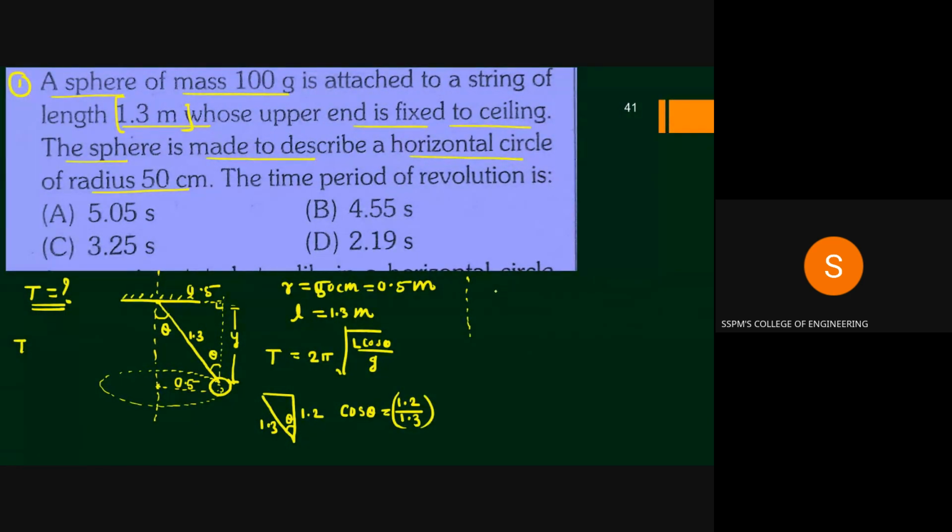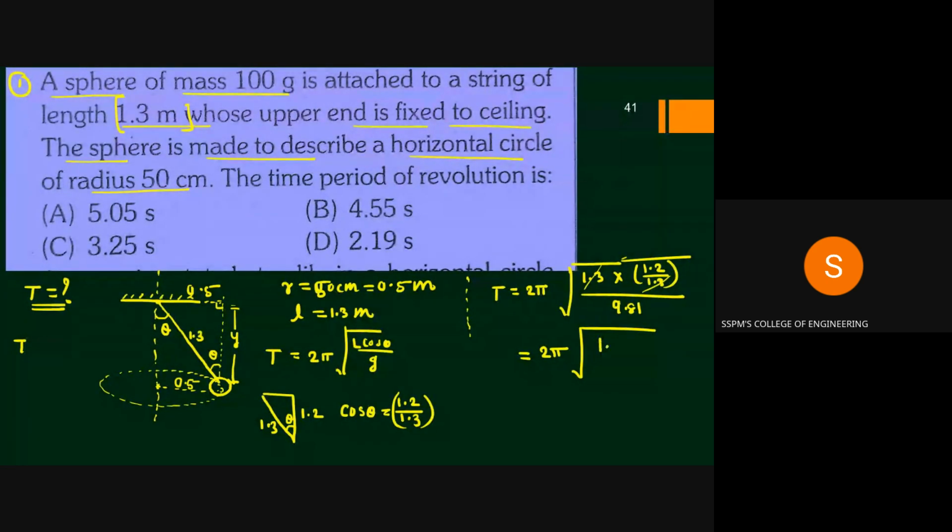So T is equal to 2 pi under root, L value is 1.3 into cos theta is 1.2 divided by 1.3, divided by g value is 9.81. So this is 2 pi, this 1.3 and 1.3 will get cancelled.